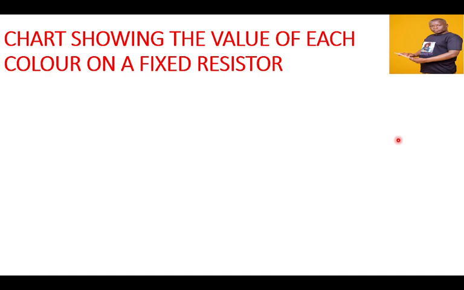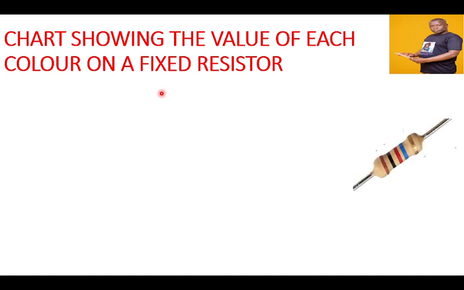Now, for us to calculate resistance from a given resistor, we use a chart which gives a unique value for each color, like I said. So we have a chart or table that shows the value of each color on a fixed resistor.